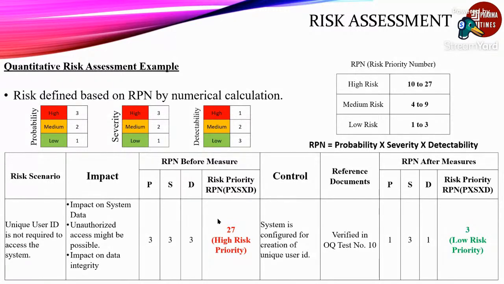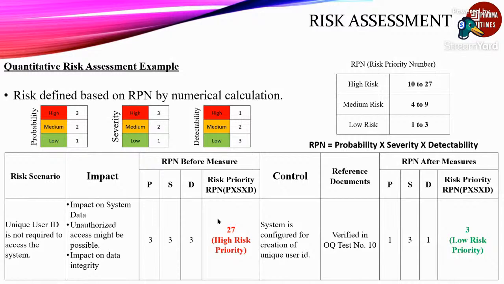So another example of this type of risk, a quantitative risk assessment. I use the same example for better understanding: a unique user ID is not required to access the system. The scenario is the same, that the system allows two users to use the same user ID to access the system. The impact is also the same, that it is on system data, unauthorized access might be possible, impact on data integrity. But here, what is the RPN before measures?